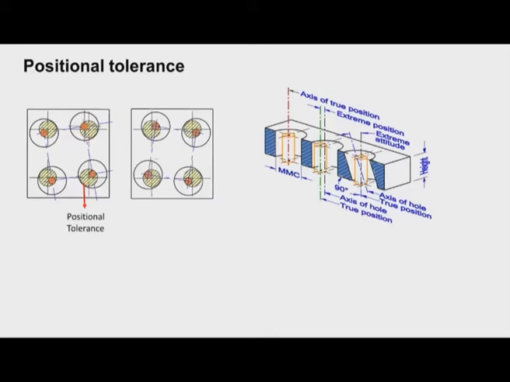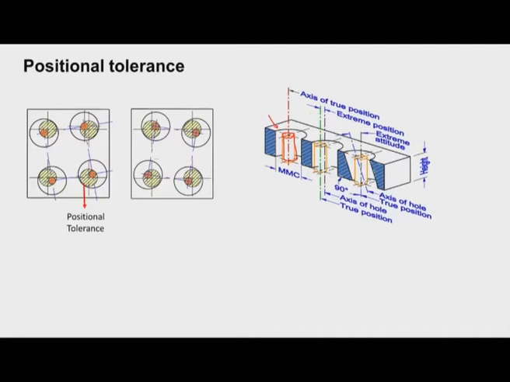Now you can see here, this is the positional tolerance for the center of the hole in this particular plane. When we consider the height, we get a cylinder like this. So within this volume, the center point can lie anywhere. You can see here, in the second hole the center is at the extreme end.